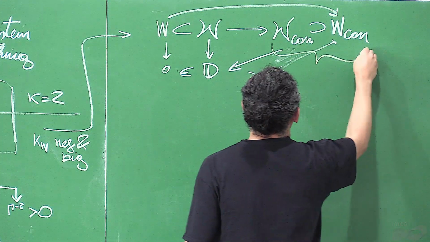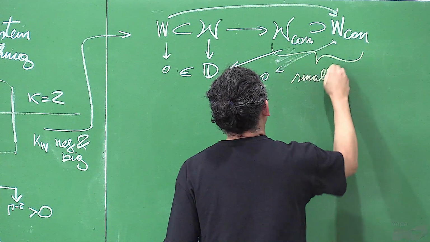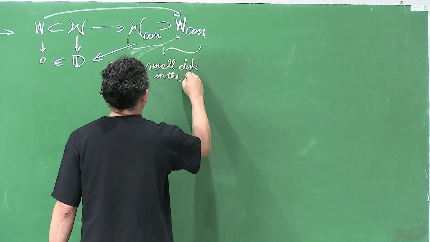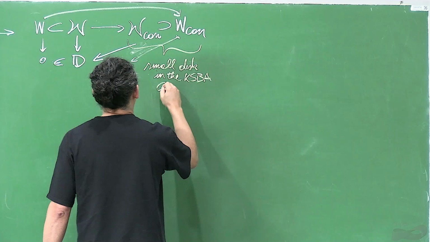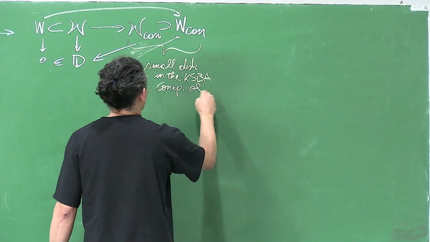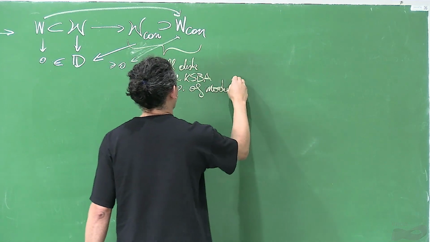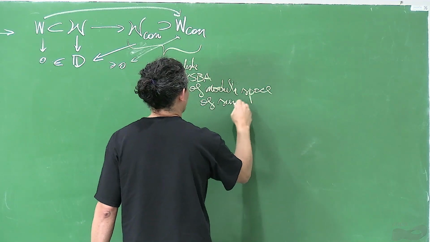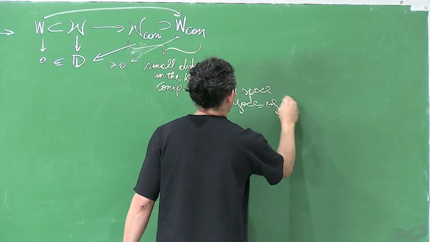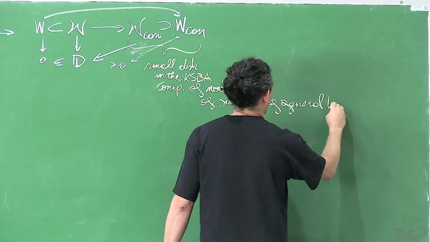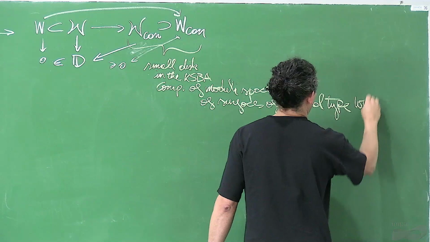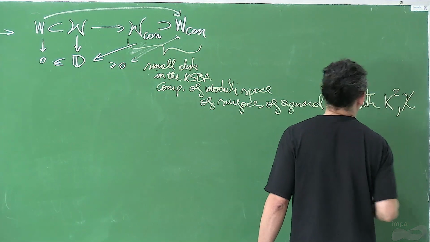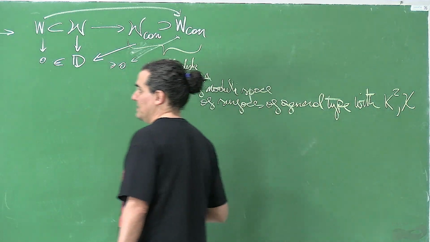You can think about that as a small disk in the KSBA compactification of moduli space of surfaces of general type, with, we fix K squared and the Euler characteristic of the surface.